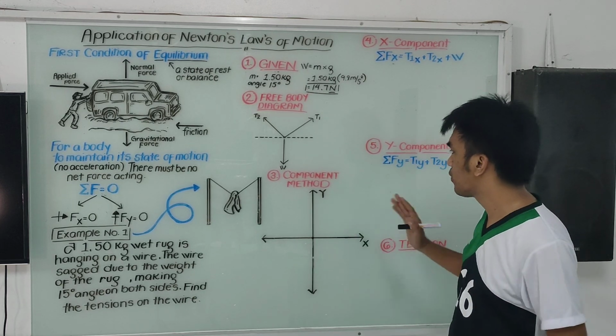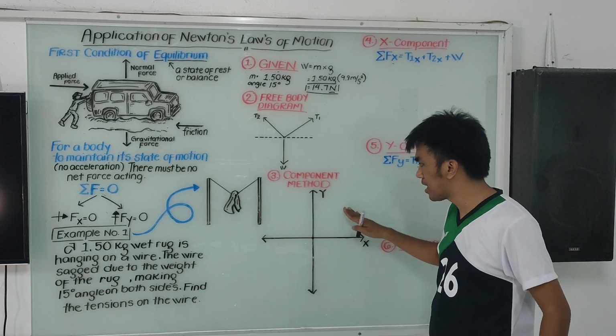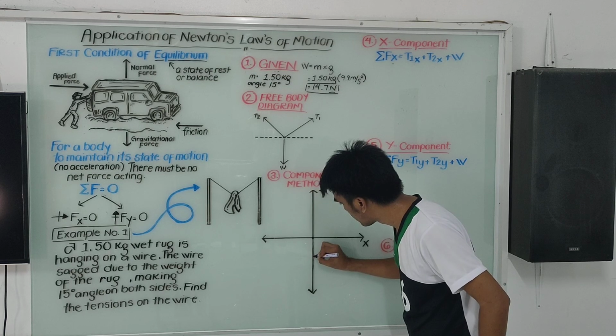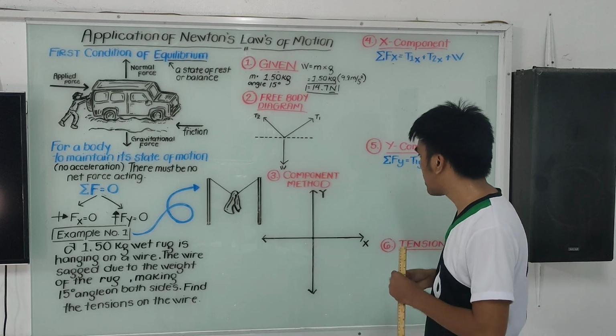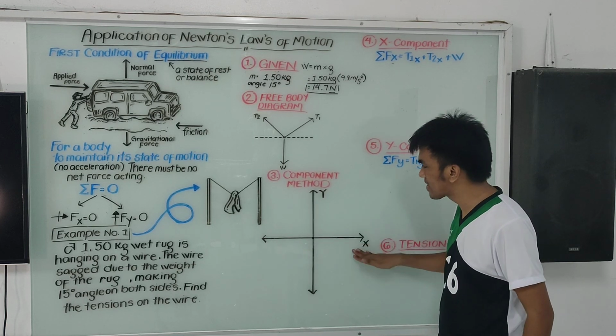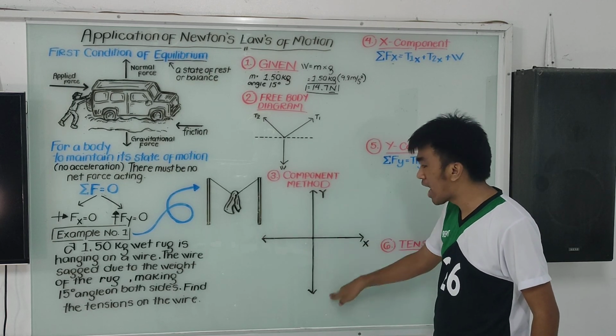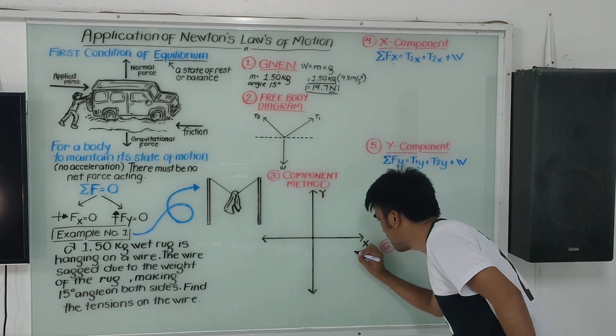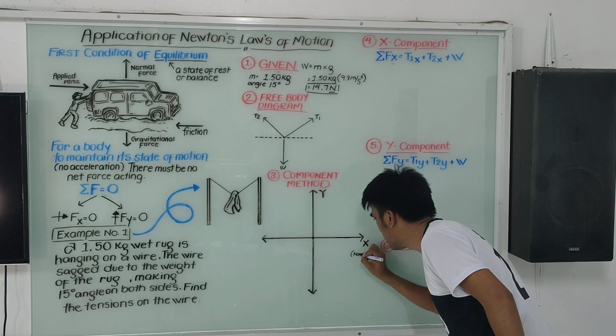In component method, we use the Cartesian plane. So this is our Cartesian plane. So here, this is the x-axis and this is the y-axis. Always remember that x is always horizontal.